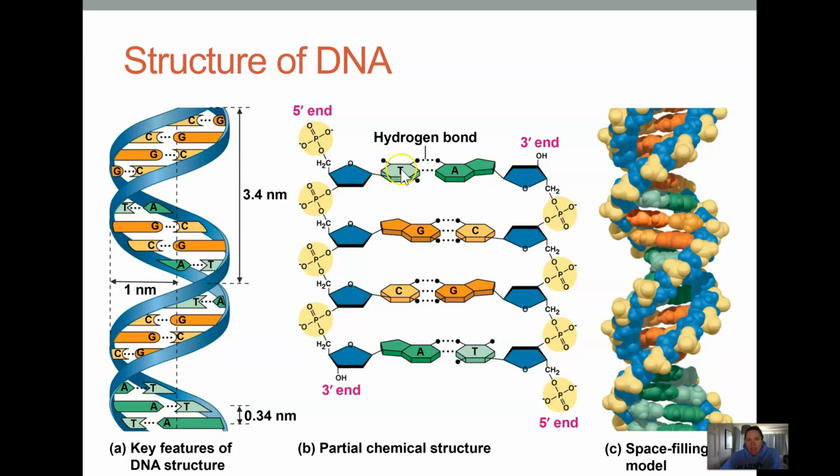Again, we have T pairing up with A, C pairing up with G, G pairing up with C, and so on. And notice that these two strands are held together by hydrogen bonds. This is one of the coolest things, I think, and it just blew my mind when I really understood it. Remember that hydrogen bonds are super weak, kind of like Velcro: you can take them apart and put them back together.